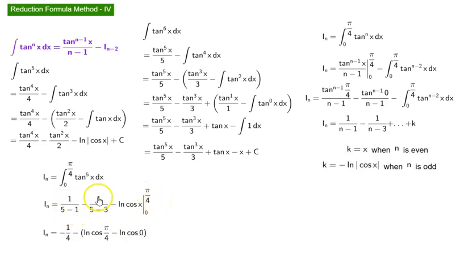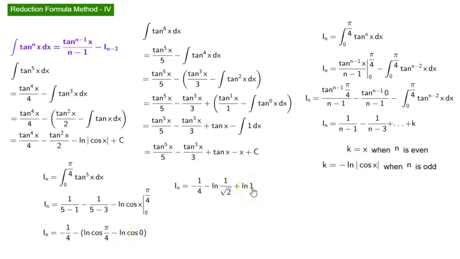So 1 by 4 minus 1 by 2 is minus 1 by 4 minus natural log of cos pi by 4 minus natural log of cos 0. Simplifying this, we get minus 1 by 4 minus natural log of cos pi by 4, which is 1 by root 2. Minus times minus plus natural log of cos 0, which is 1.